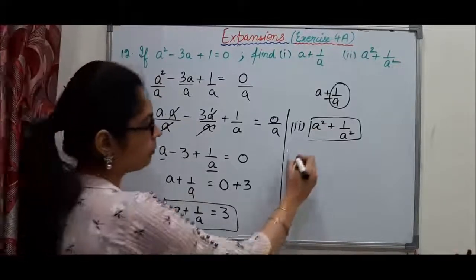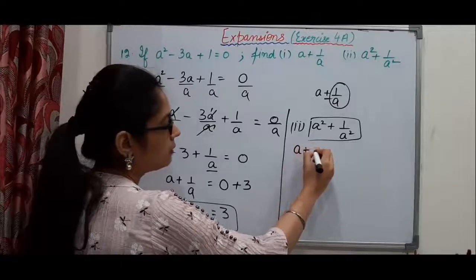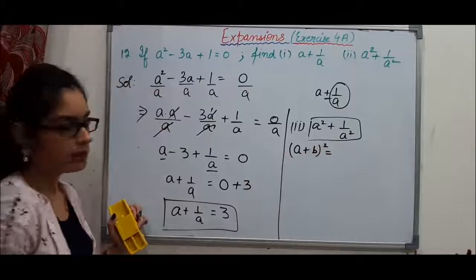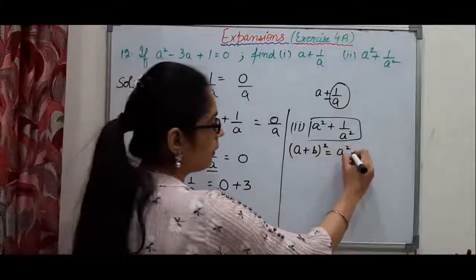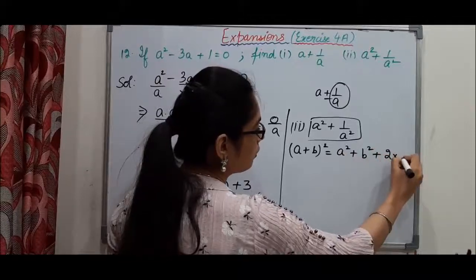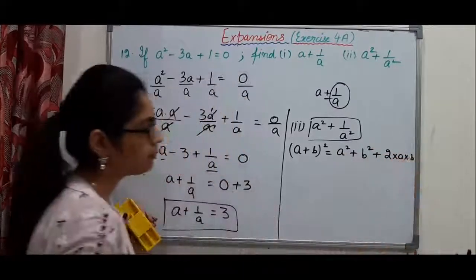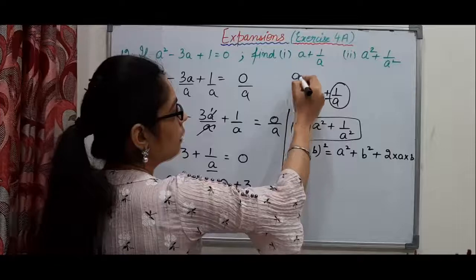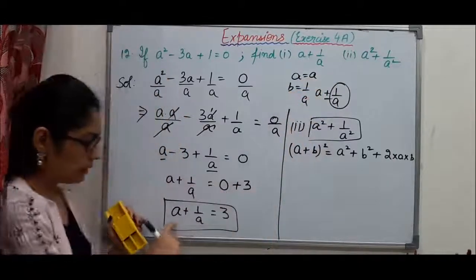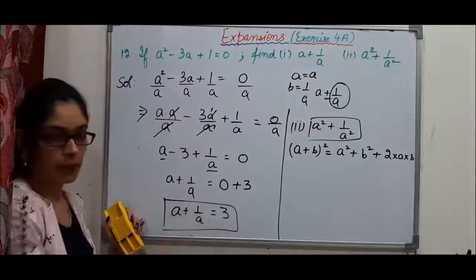A plus b whole square is equal to a square plus b square plus 2 into a into b. So this is the expansion, where my a is a and b is 1 by a.